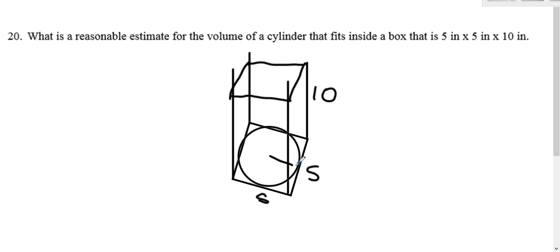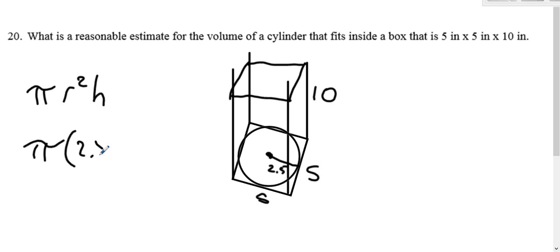So the circle that fits in there is going to have a radius. Diameter is 5, so the radius is 2.5. So it's pi times the radius squared, 2.5 squared, and then 10 would be the height.